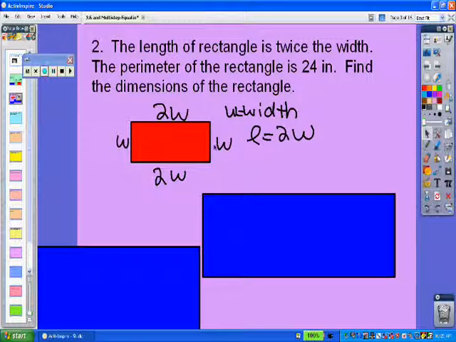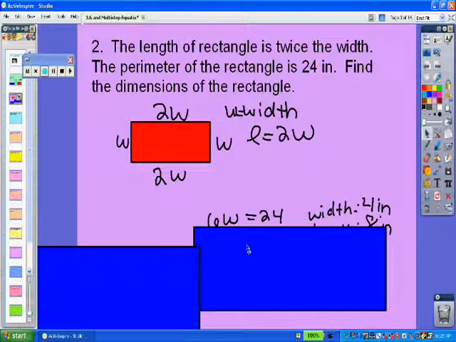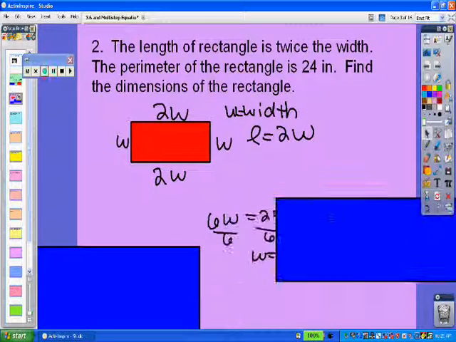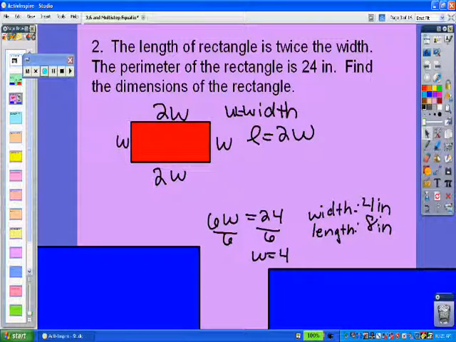W plus W is another 2W, so it should be 6W equals 24. I divide by 6, so I get W equals 4. So my answer should be that the width is 4, and the length, if I plug in 4 into that W, 2 times 4 is 8. So width is 4 inches, and the length is 8.